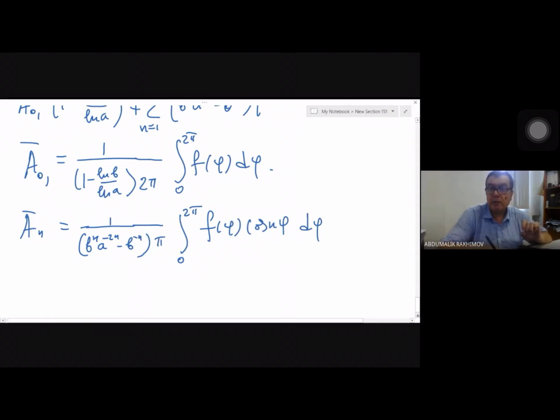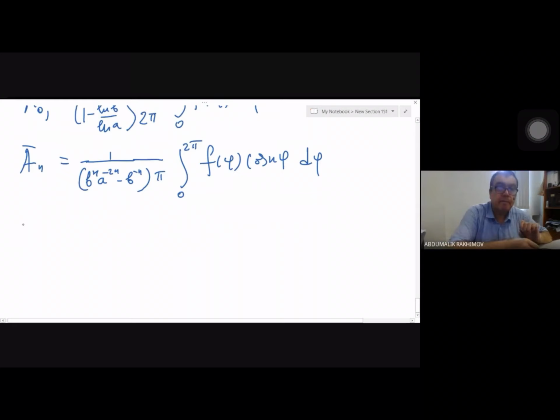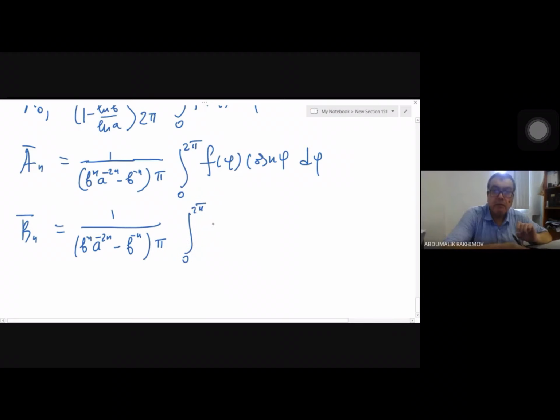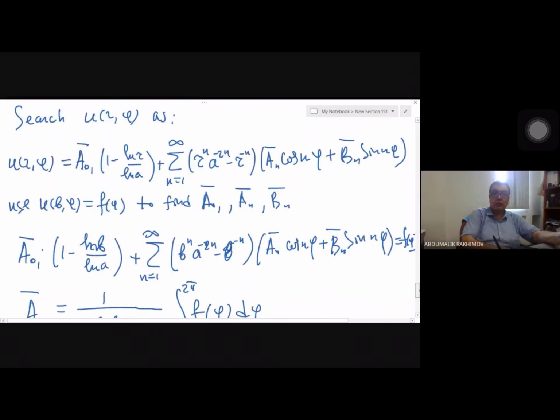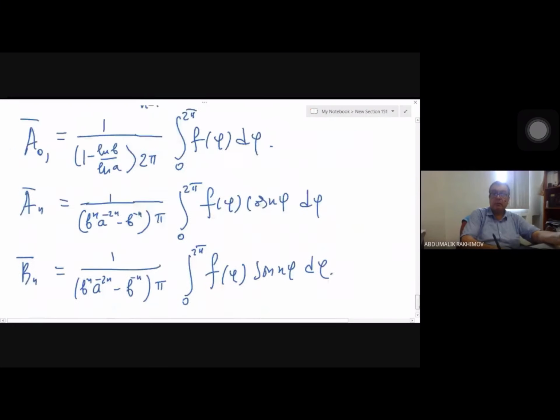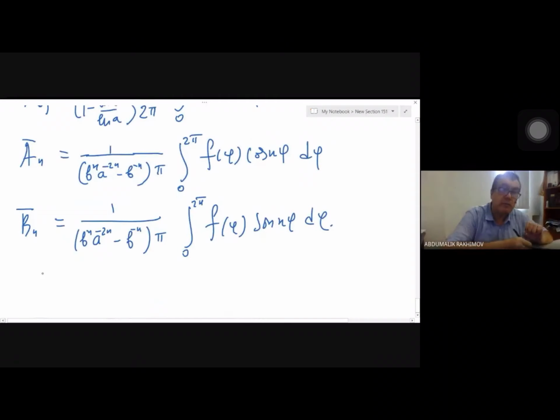These are the A coefficients, and the B coefficients will be 1 over the same thing, B to the n, A to the power minus 2n, minus B to the power minus n, pi, integral from 0 to 2 pi, F(phi) sine n phi d phi, right? So we have a formula for all coefficients and a formula for the solution. This one is the solution U(R, phi), and these three formulas are for the coefficients. Any questions?